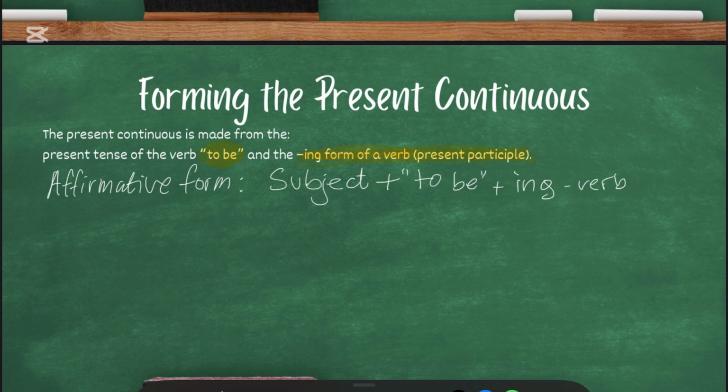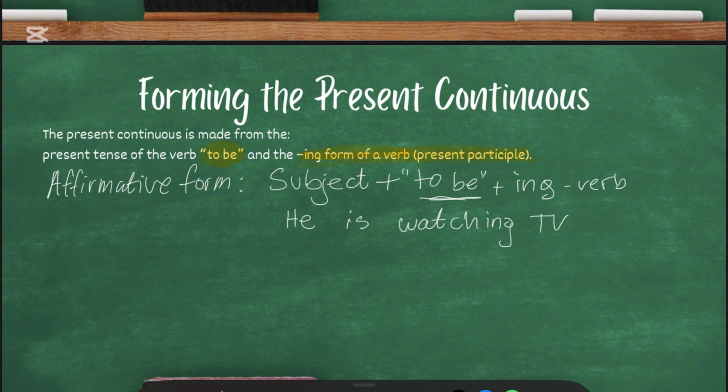Okay, let's translate this into an example. Subject, let's choose he as a subject. He, the verb to be is, then the present form of the verb to be, he is, and the ing form, he is watching, for example, TV.